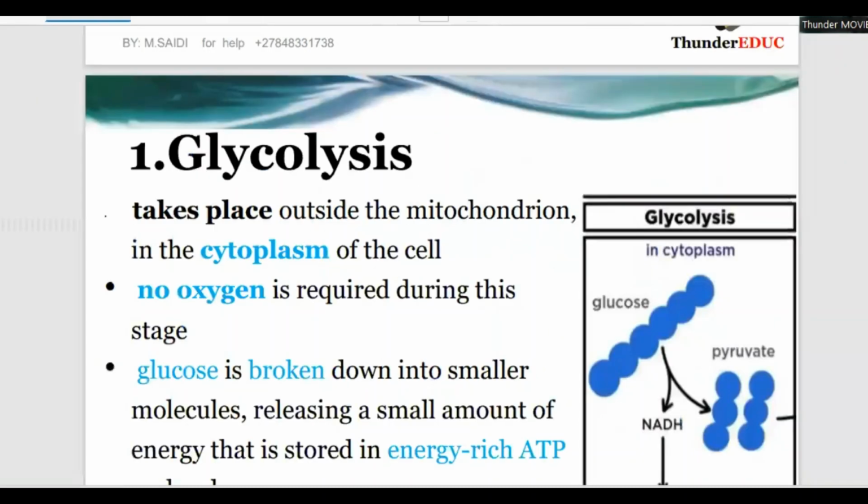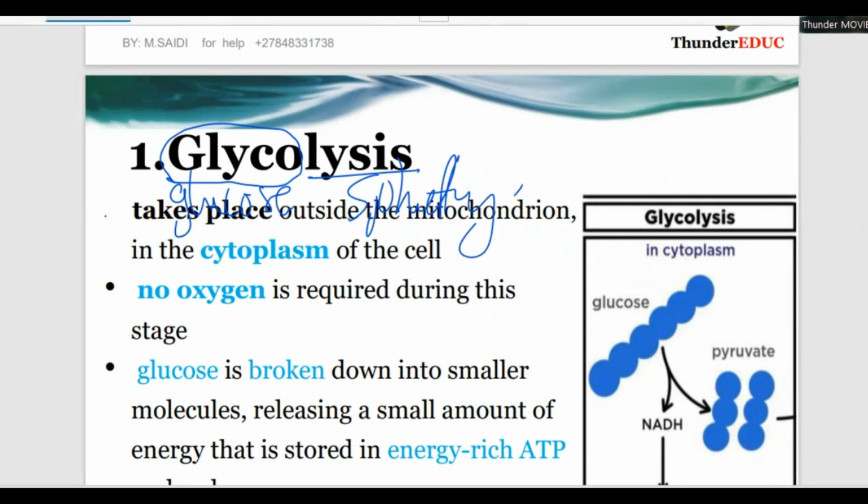If we come back here and look at our process of glycolysis, what does it mean in science? Glyco comes from the word glycogen, but here we are referring to glucose. Lysis in science means splitting. So we are splitting this molecule of glucose.